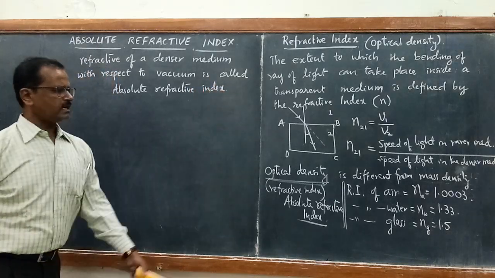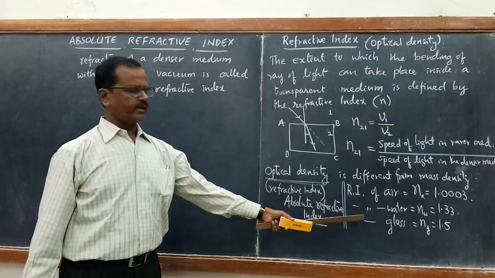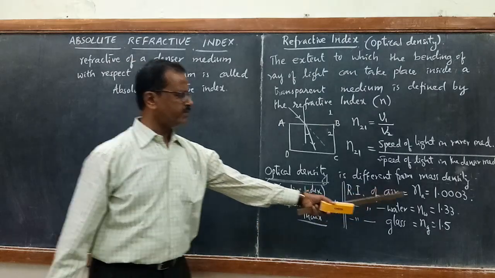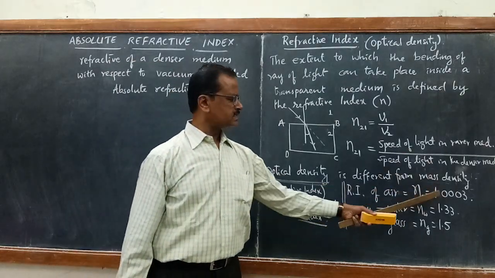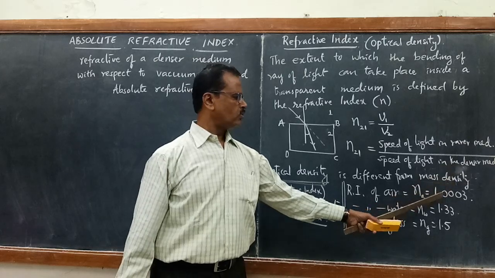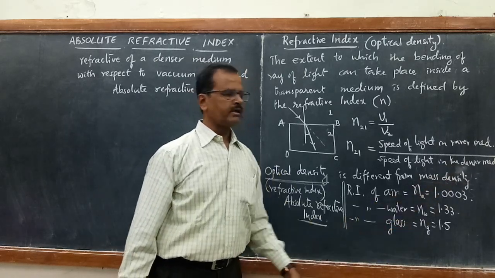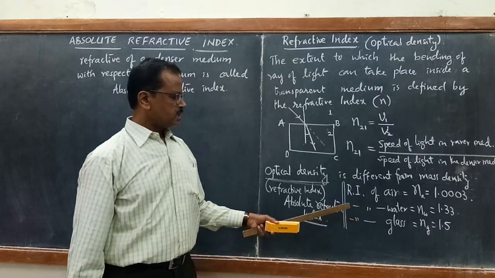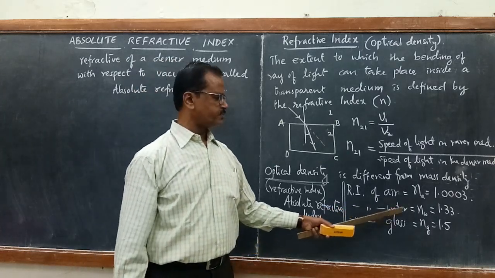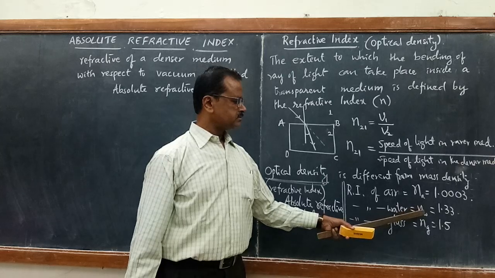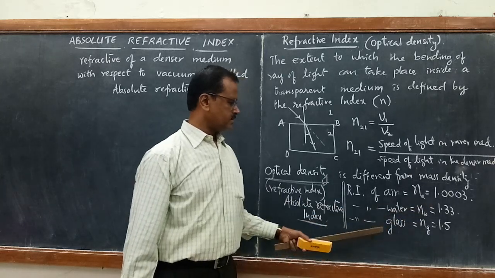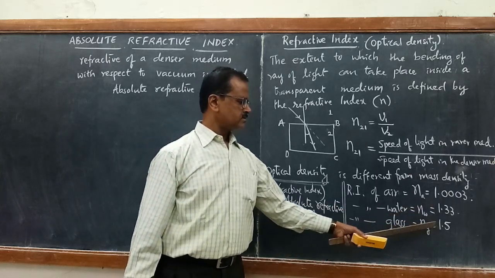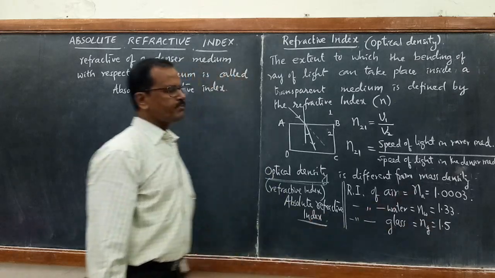So I have given the examples of refractive index of air. Refractive index of air with respect to vacuum is slightly more than that of vacuum, 1.0003. Refractive index of vacuum is taken as 1. Refractive index of water with respect to vacuum or air is 1.33. Refractive index of glass with respect to vacuum is 1.5.